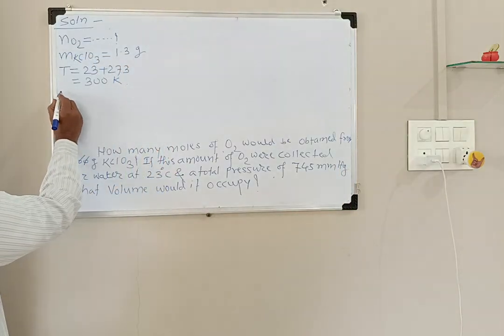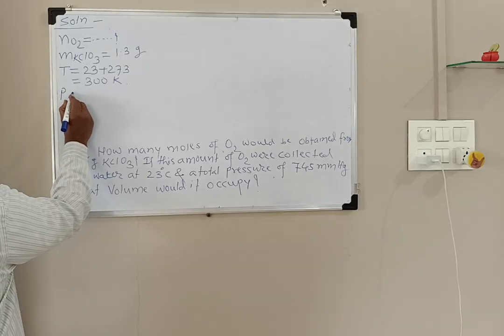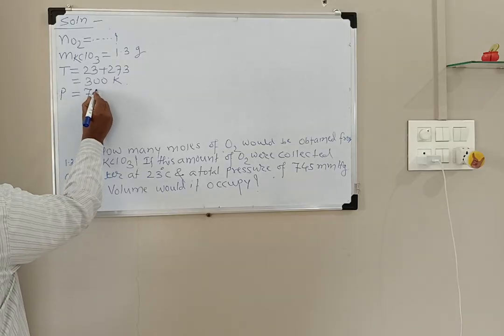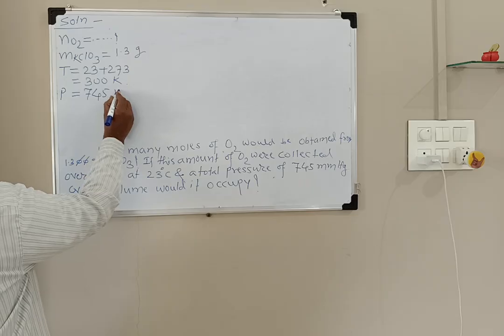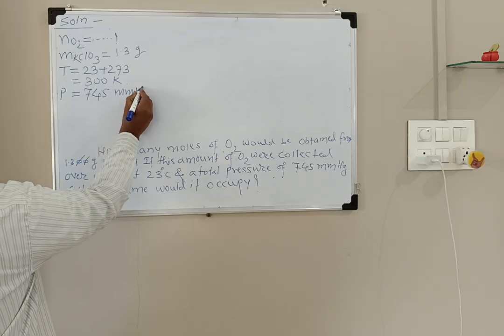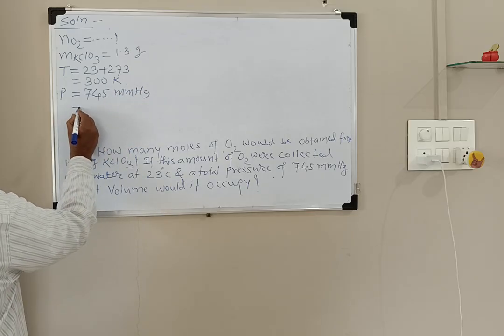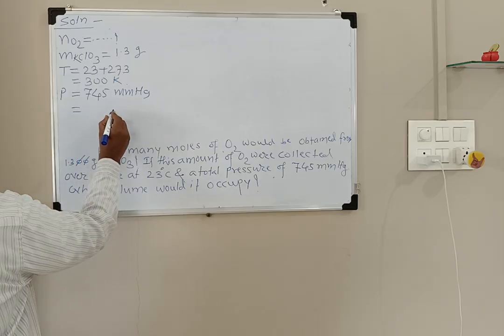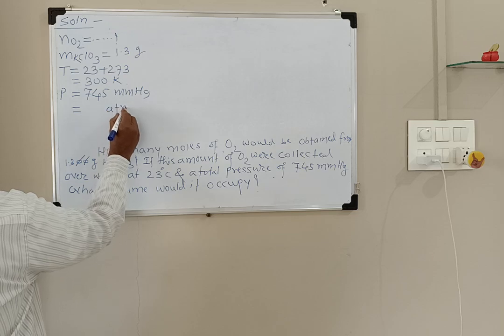So I write P is equal to 745 mmHg. Now you remember, we have to convert this pressure into atmosphere.